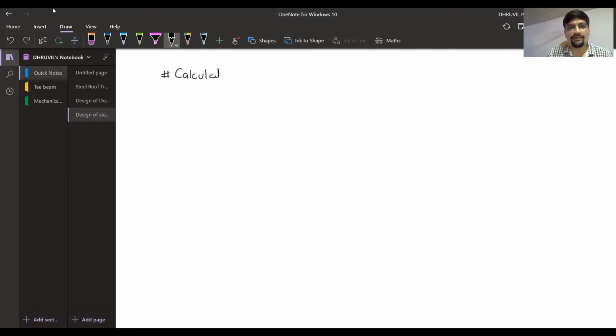Calculation of live load. It is based on IS 875.